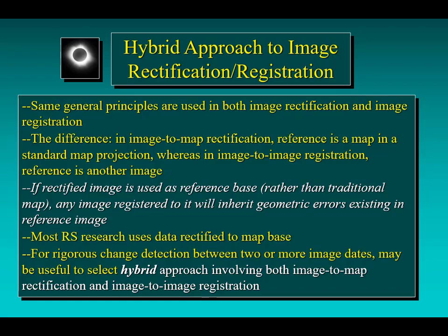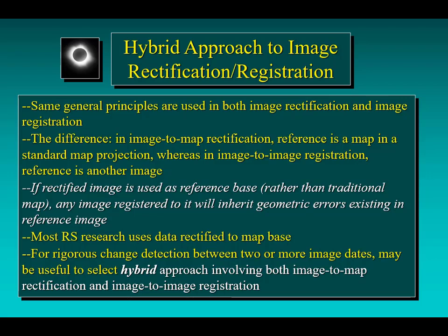And if we utilize a rectified image as the reference base, rather than, say, a traditional map source, any image that we register to it is going to inherit the geometric errors that exist within that particular reference image. So that's something important to keep in mind, and that's why most remote sensing research is going to be utilizing image data that have been rectified to some sort of map base, again with map coordinates associated with it.